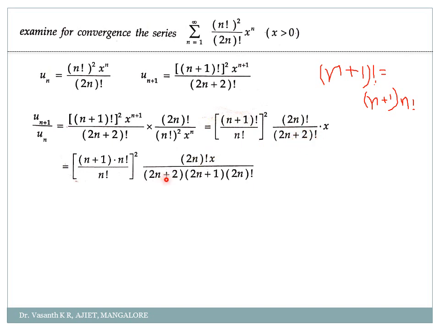Okay, so here if you check n plus 1 factorial, I have written it as n plus 1 into n factorial, and this denominator I have n factorial, its whole square. Clear? Okay. Now I'll go with this one. 2n factorial into x as it is in the numerator, but denominator, check properly, it is 2n plus 2 factorial, not 2n plus 1.